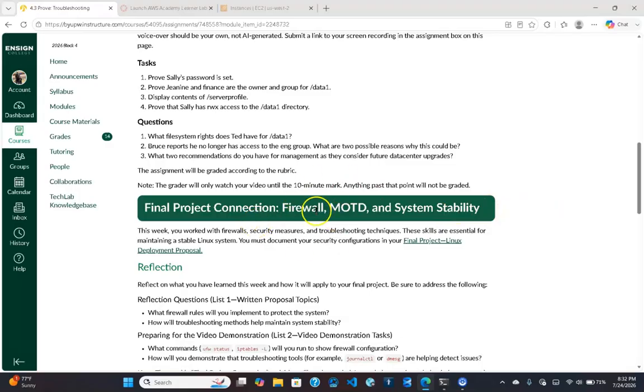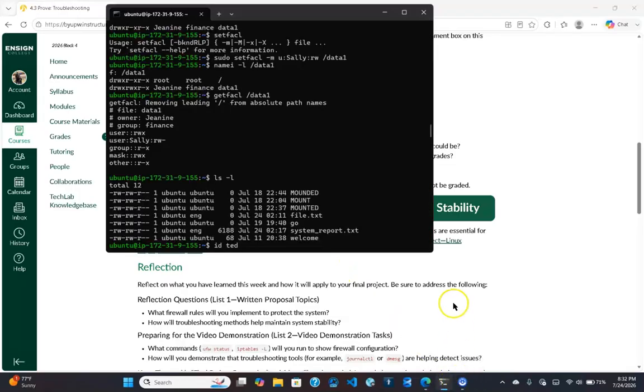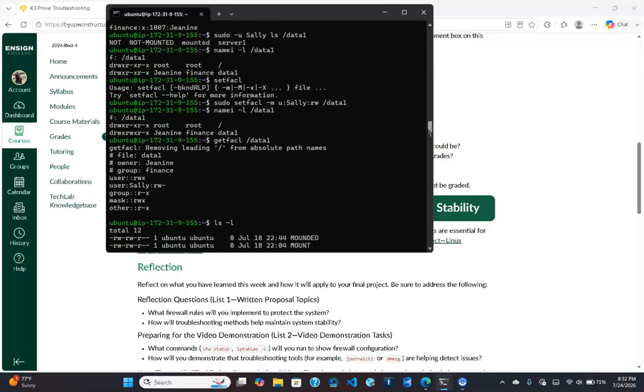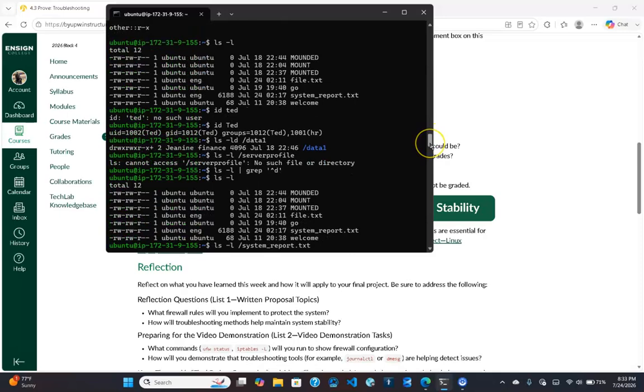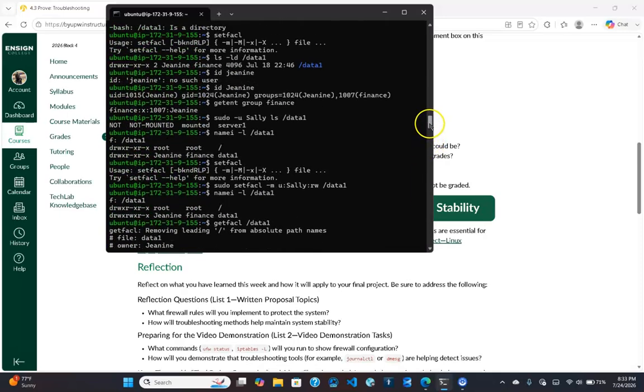The questions that you asked us to answer: what file system rights does Ted have to data 1? As far as I could tell, because he's not part of, I don't know, he's not part of a group, he only has basic access to it. He can't change it, he can't manipulate it, he can't add to it. I think it's just read access is all he has.